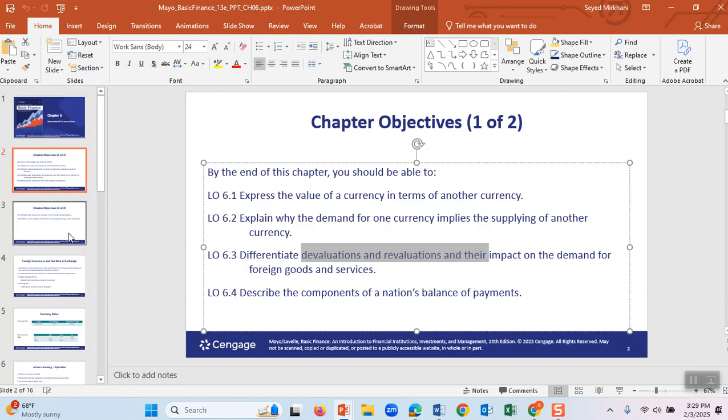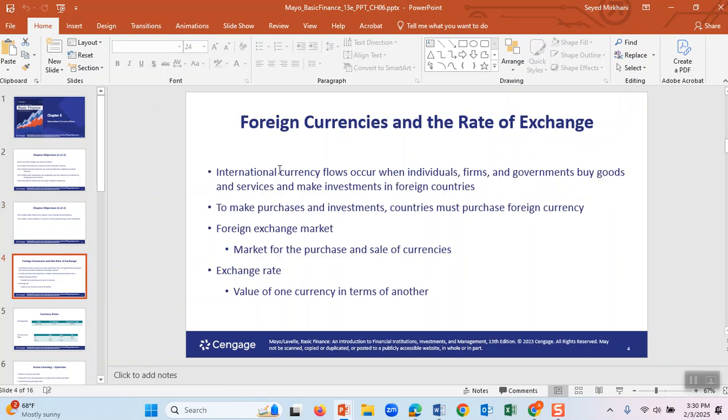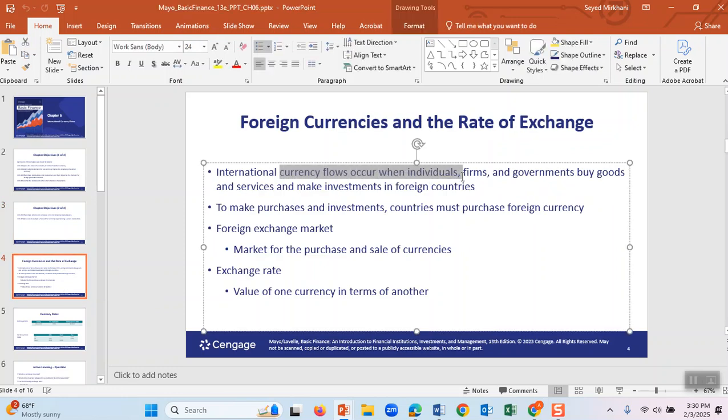And then we go in here, chapter 6 objectives: international currency flow occurs between individuals, firms, and government. Which means, as you all know, many of the US companies are international companies, like Apple. Apple has a branch in China, in other countries. Tesla has branches in Europe, China. These companies have to hire Chinese people.